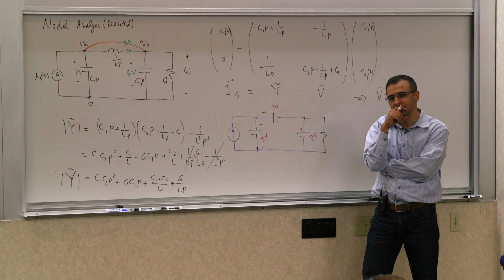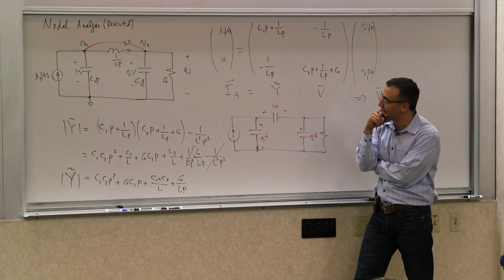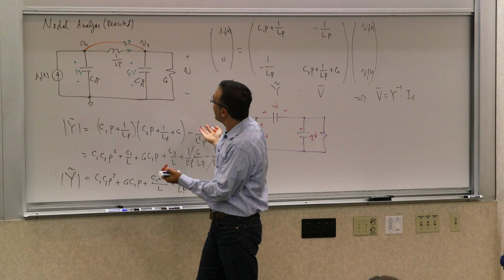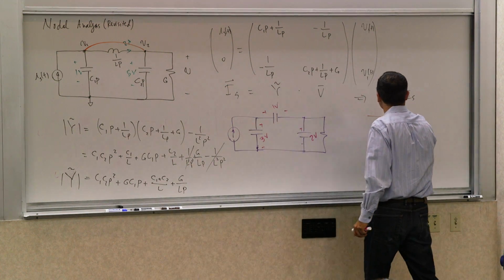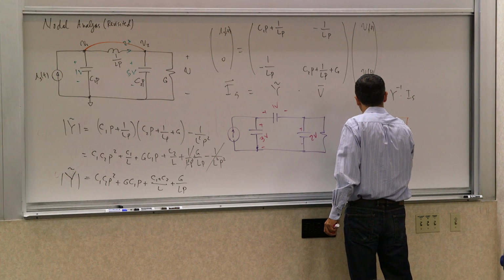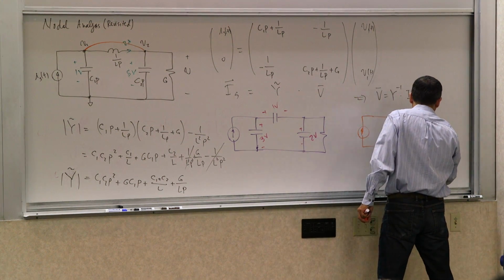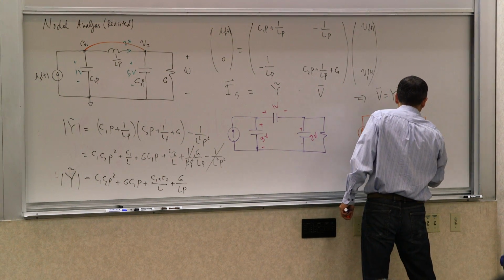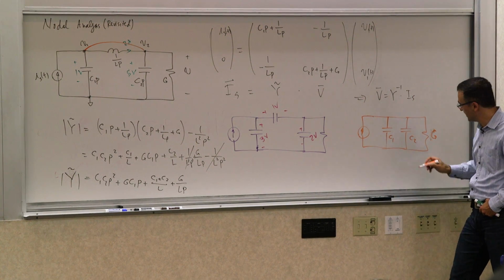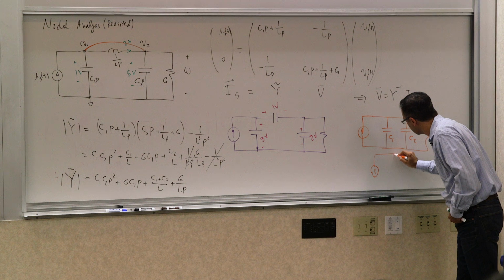Why? Because they'd have to be the same voltage. If I set this to 2 volts, this is 2 volts. So it makes sense because that circuit really is this circuit, which is equal to this circuit.